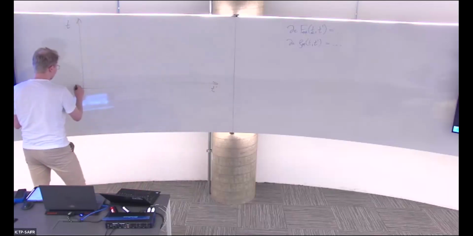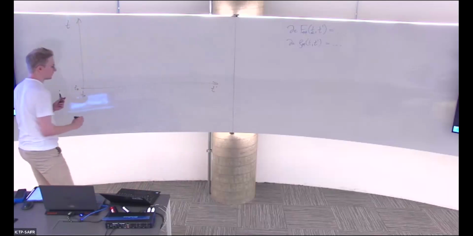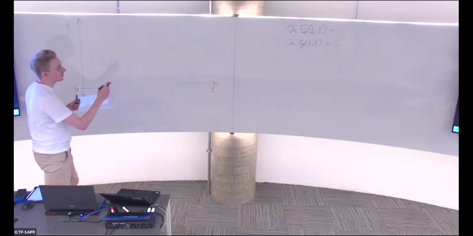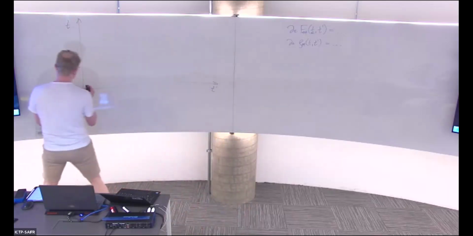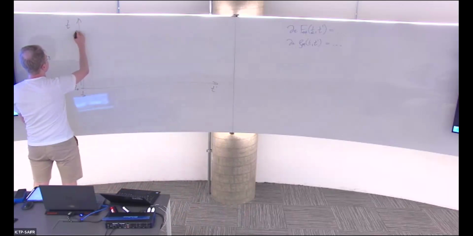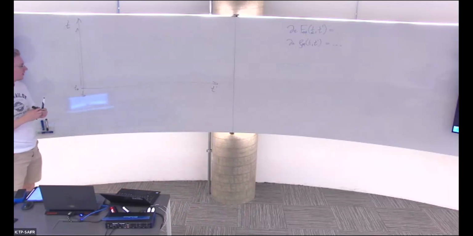And here, let's say, is t naught, our initial condition. So what we derived is something that propagates along this line.